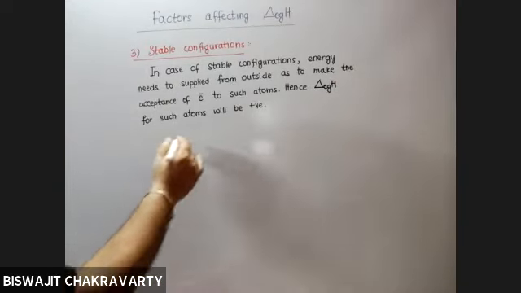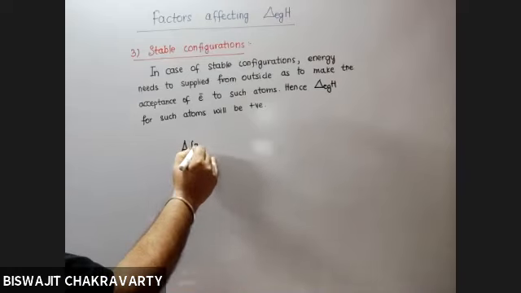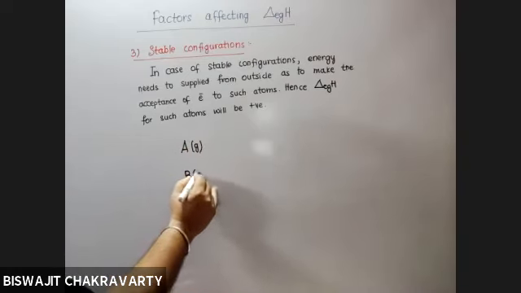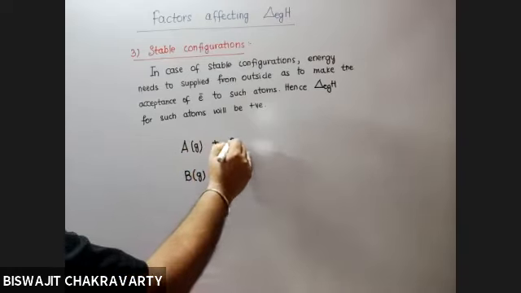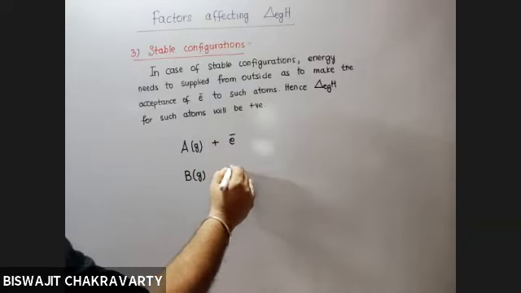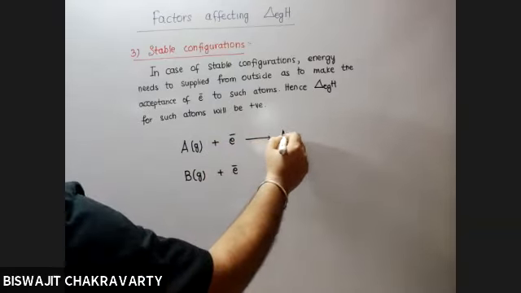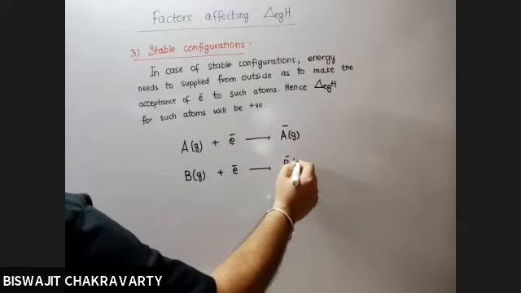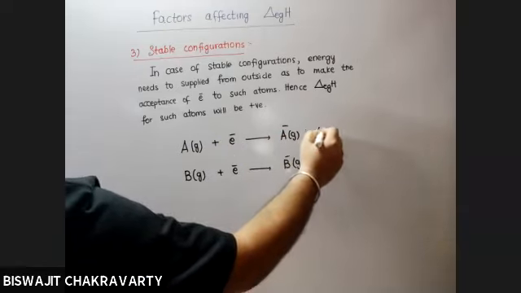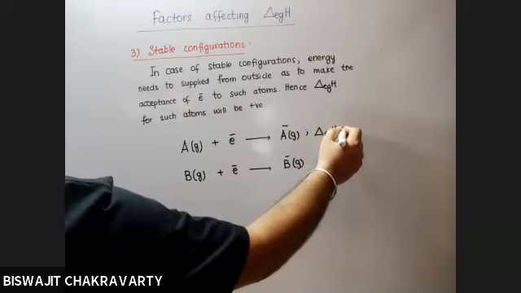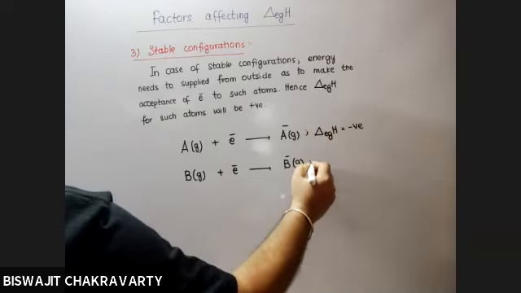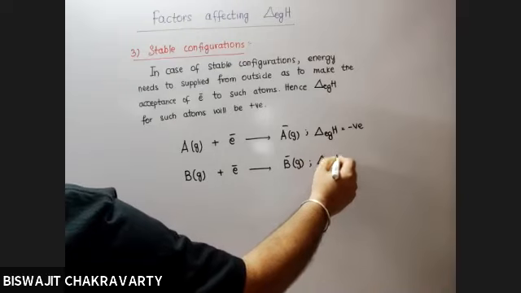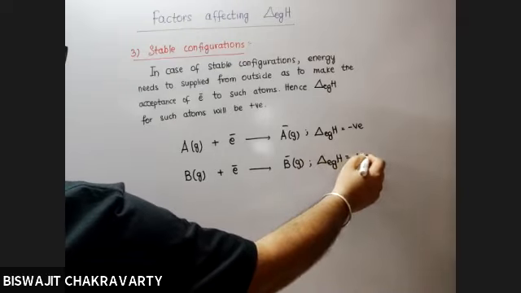Suppose there are two atoms, A and B. I am giving electrons to both of them so that they become A minus and B minus. The delta EGH for the first process is negative and the delta EGH for the second process is positive.